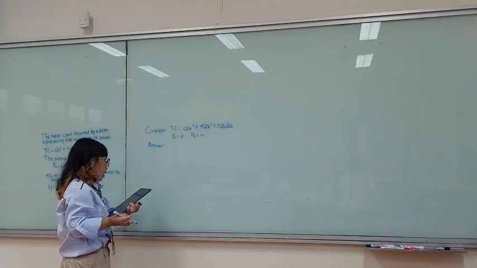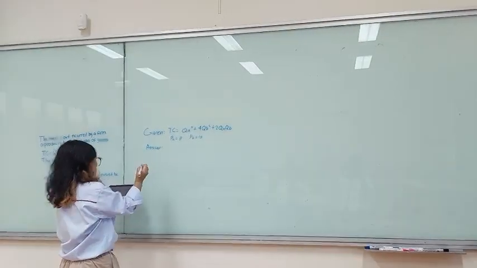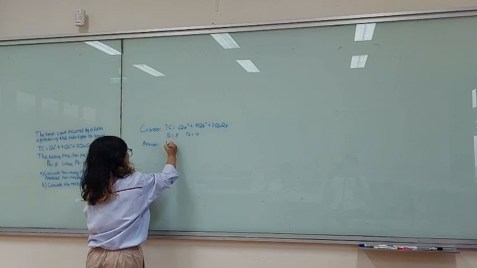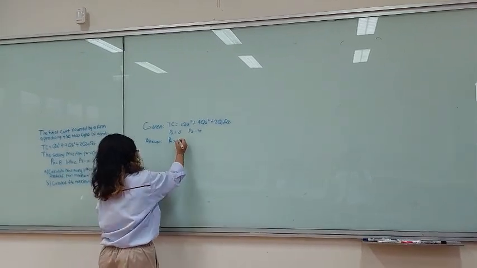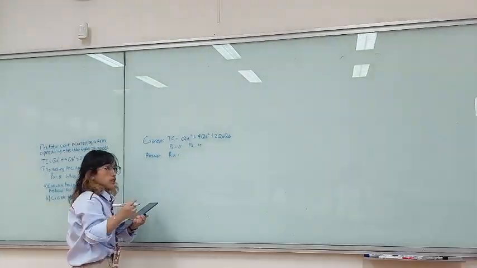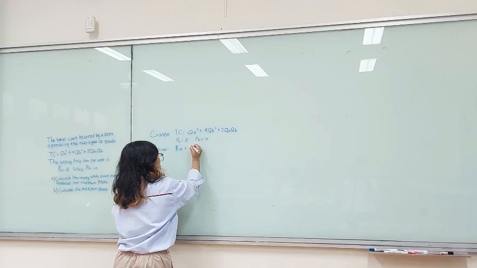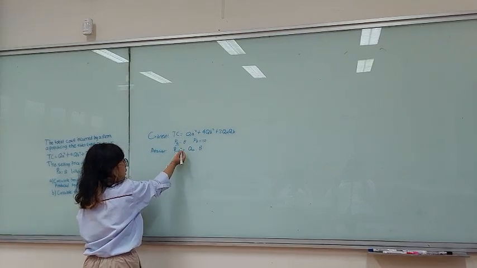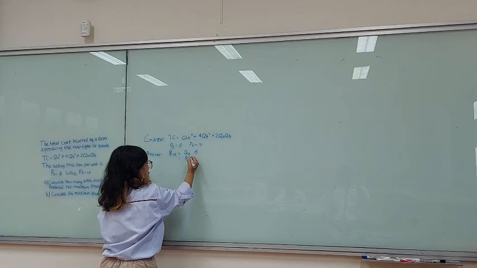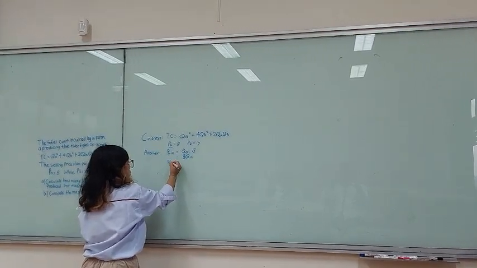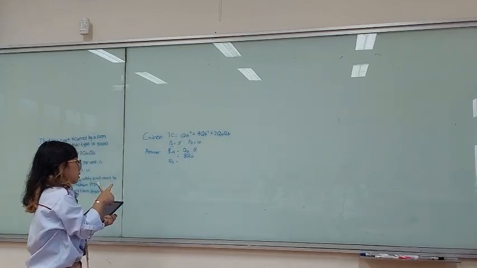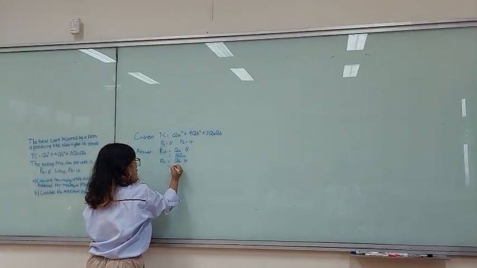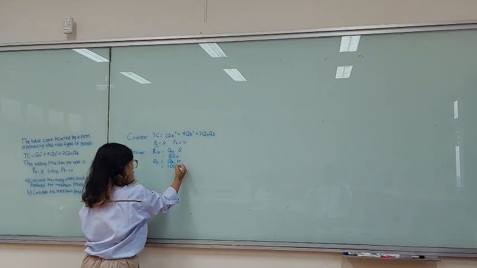So now first we find TR for each good. TR for goods A, the formula is Q times P, so QA times 8, the price for A, so 8QA. For TR of B, same as for goods A, QB times 10, so 10QB.